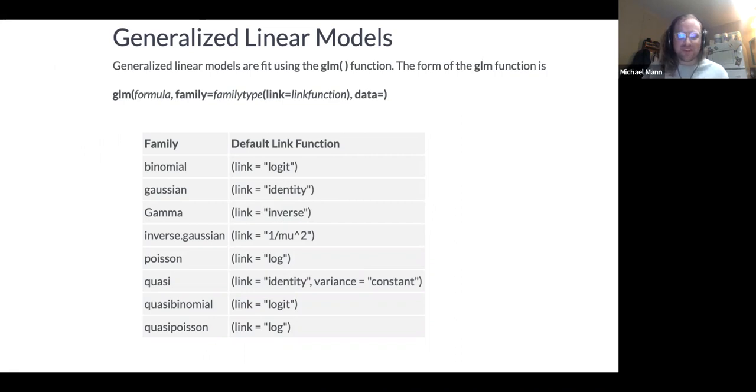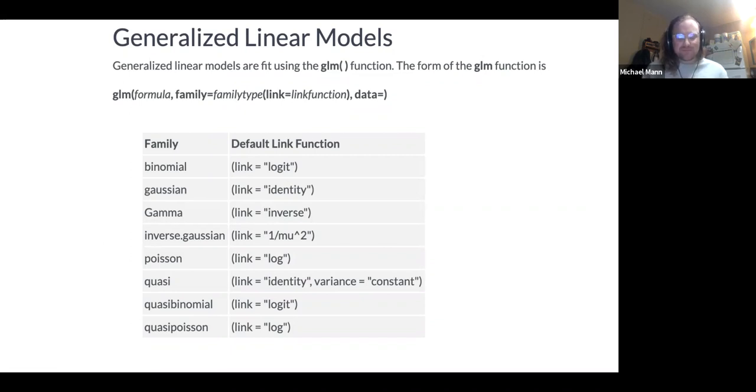Then you specify the family type you're using, like binomial. Gaussian would just be a normal linear model, so you can actually run a linear model within glm. I don't see the point other than to show you that you can do it or to compare with other generalized linear models. And then you can have gamma, Poisson, and even more complicated ones like quasi-Poisson, inverse Gaussian, et cetera.